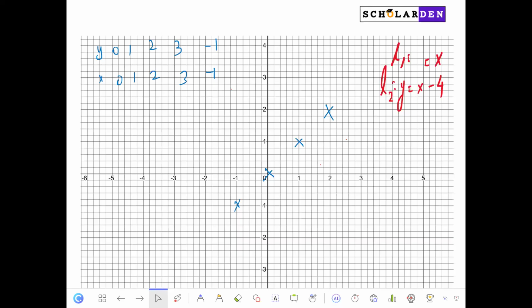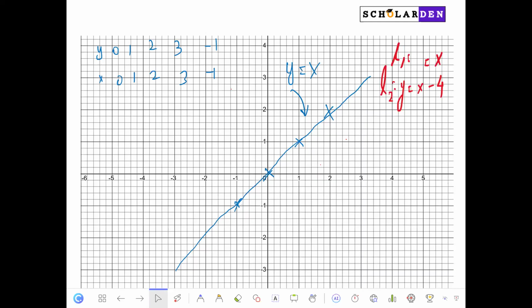And now, if we start connecting these points along the straight line, and we extend it over here, this is your y is equal to x line.